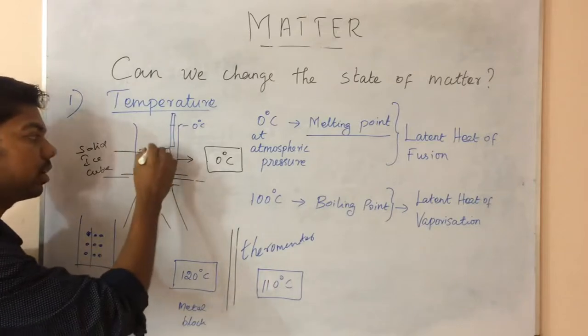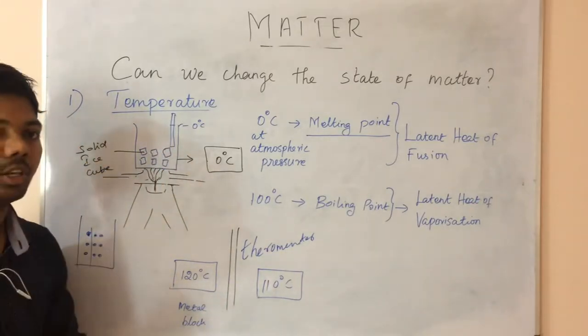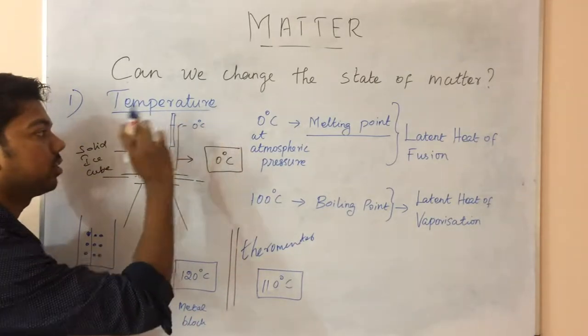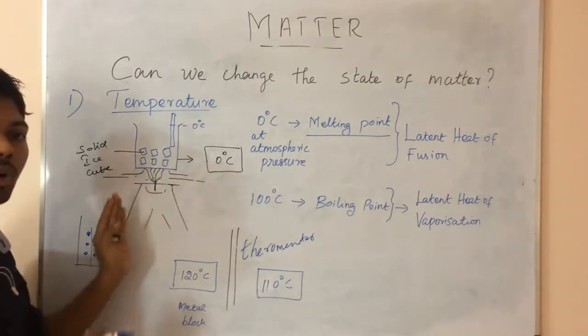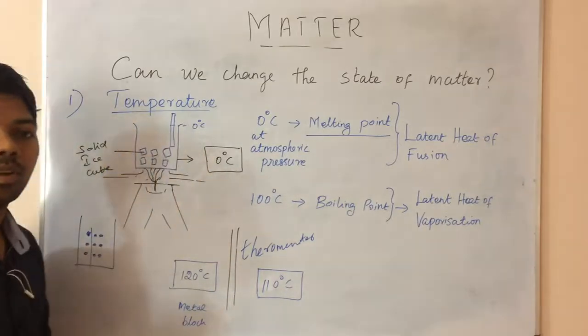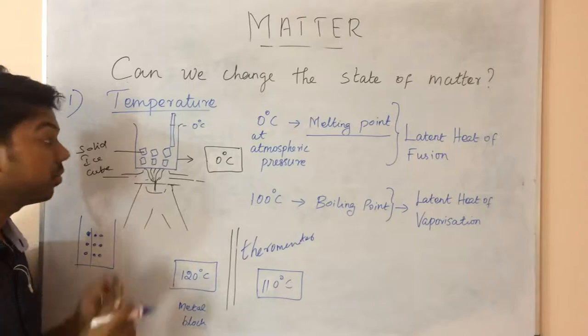The ice cube keeps melting and forming liquid, but the temperature stays at 0 degrees Celsius. Then where does all the heat we are supplying go? We are adding heat, but there is no change in temperature. Where is this heat going?